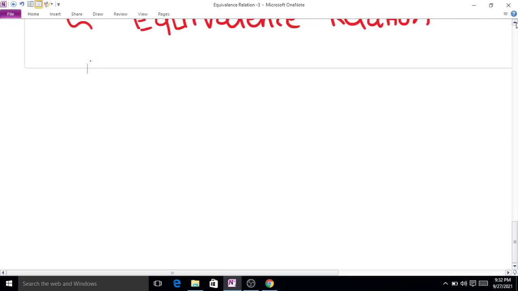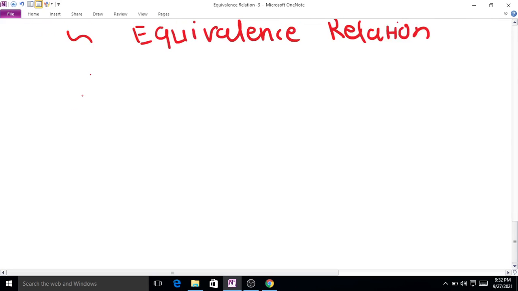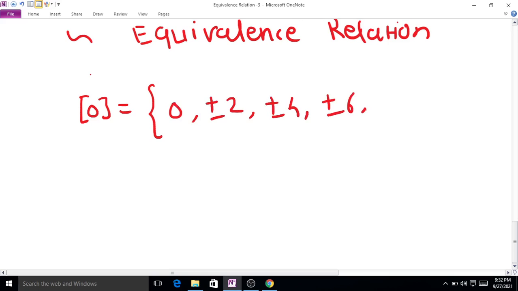If we want to determine all the integers which are related to 0, it means their addition with 0 is even. So you can say here 0, plus or minus 2, plus or minus 4, plus or minus 6 and so on. All these integers are related to 0 because their addition with 0 is an even integer.